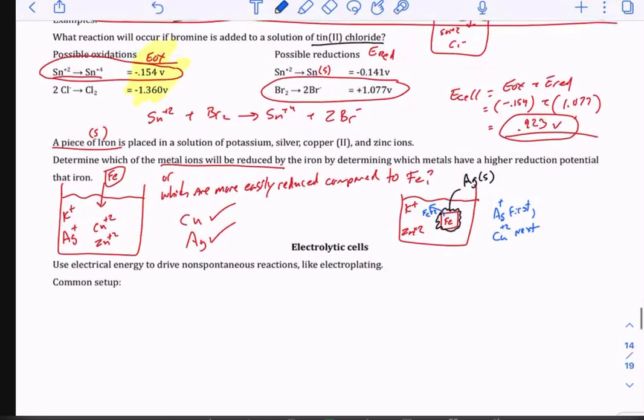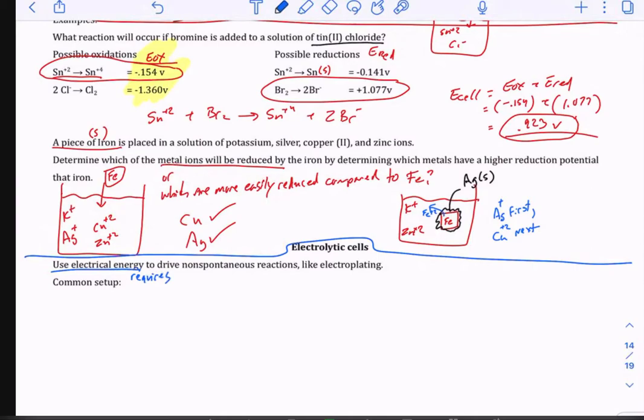So, if you're okay with understanding how to use the relative position on a reductions chart to determine which reductions are taking place, let's talk about a powered cell, an electrolytic cell. Remember from the beginning of this section that an electrolytic cell requires energy to make non-spontaneous reactions happen.